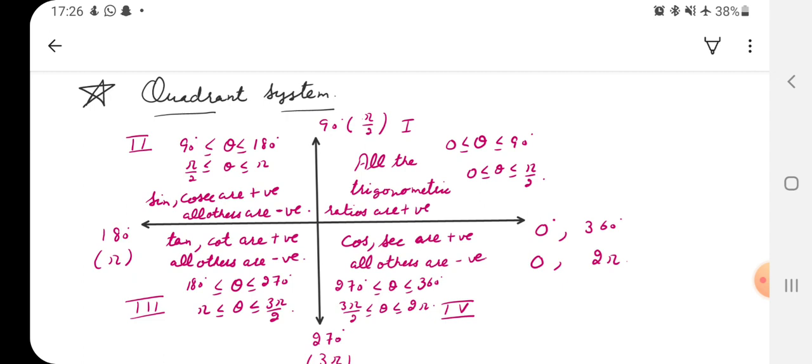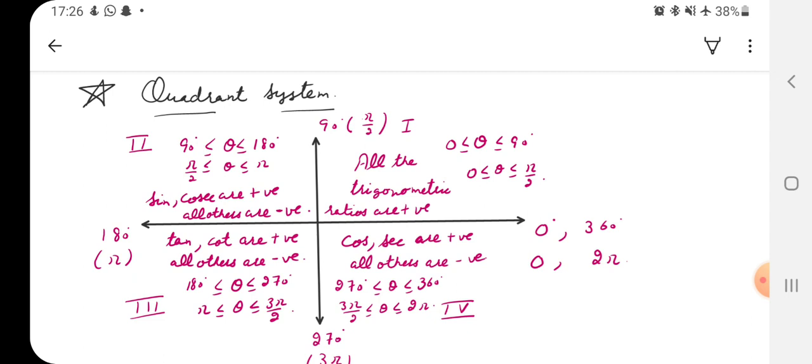In the third quadrant, the angle will be between 180 to 270 degrees, which in radians will be pi to 3 pi by 2. In the fourth and last quadrant, the angle will be between 270 degrees to 360 degrees, which in radians will give me 3 pi by 2 to 2 pi. So the angle will lie between 3 pi by 2 to 2 pi. So this was all about the quadrant system angles.